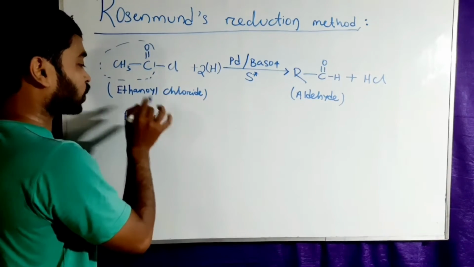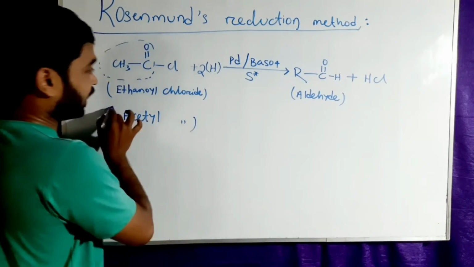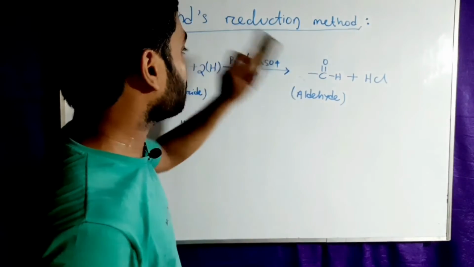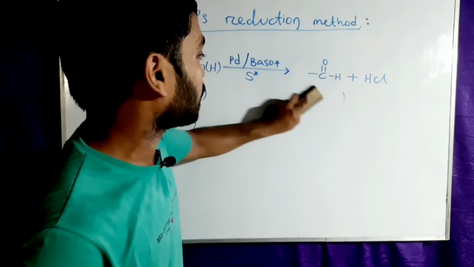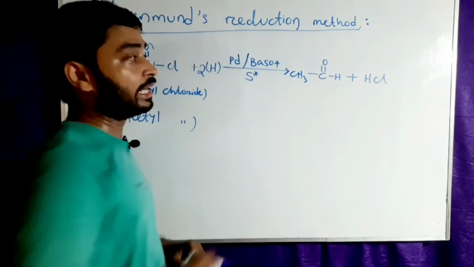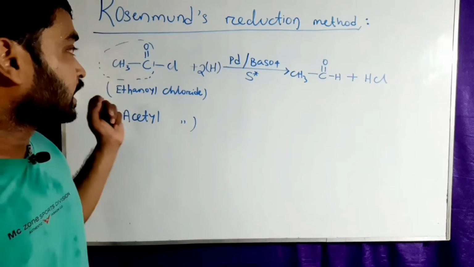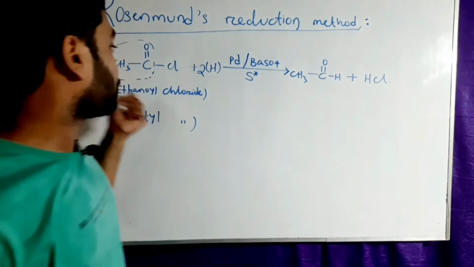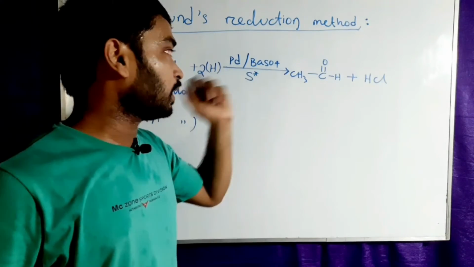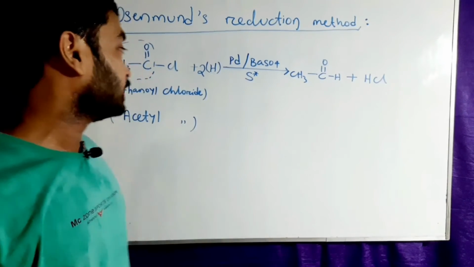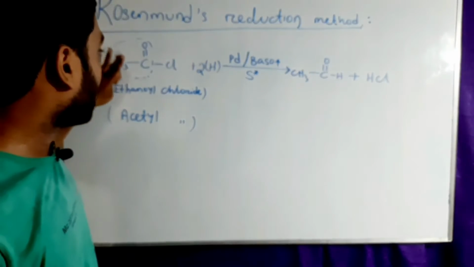And acetyl chloride upon reduction through the Rosenmund process will result in the formation of acetaldehyde, and along with that it will release hydrochloric acid. That means it is the process for the preparation of acetaldehyde.